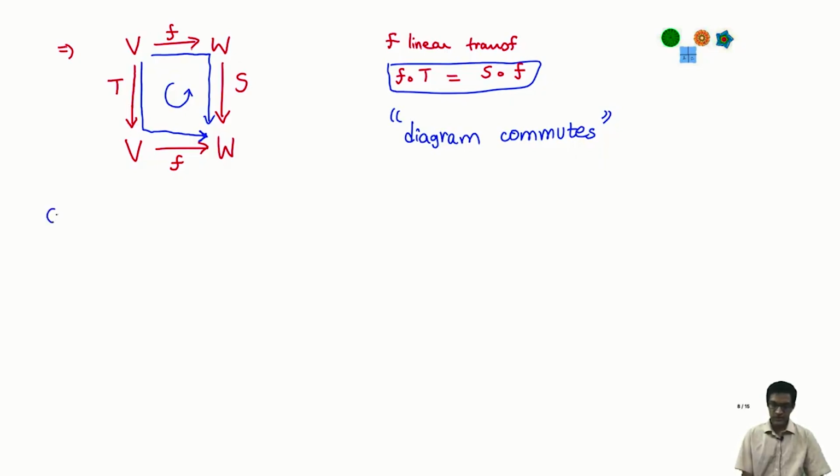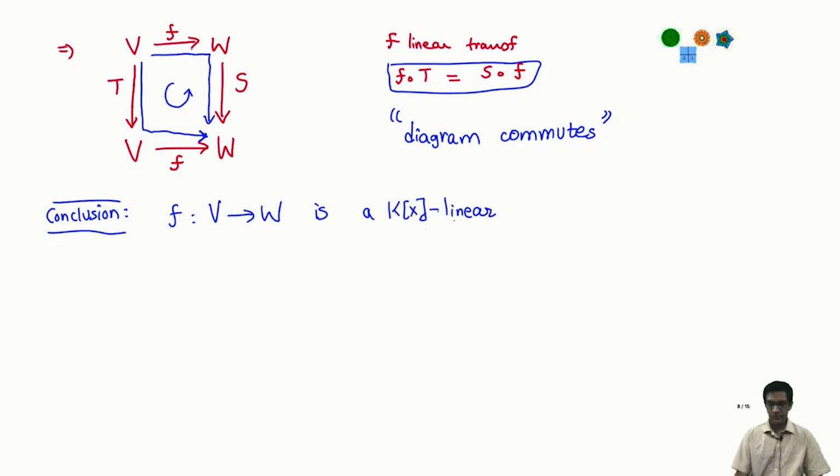So let me just state that as my final conclusion. Okay, so f from V to W is a kx linear map. I am now using the alternate terminology for homomorphism, so I'll keep switching back and forth between these various terminologies. F from V to W is a kx linear map if and only if f satisfies two properties.